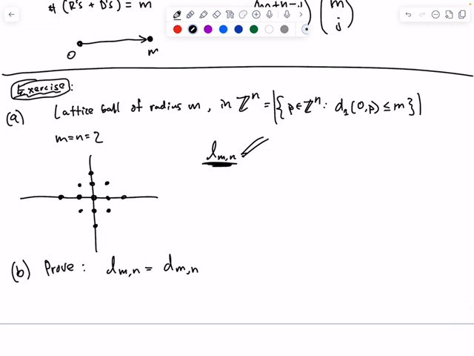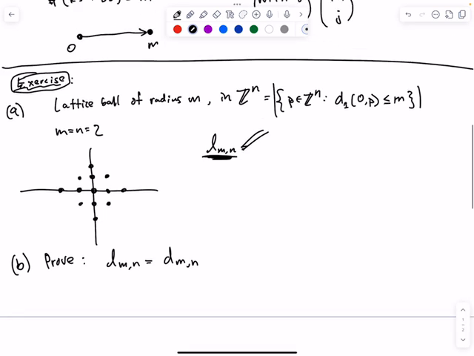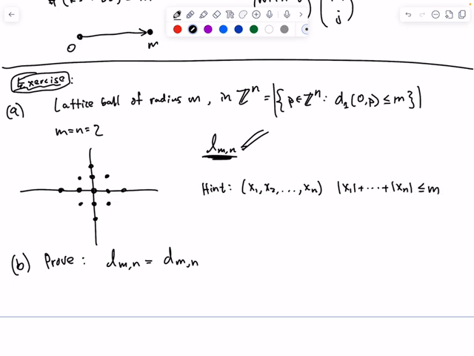It was to me at first, but I think it's pretty cool that this works out. A hint for part A is to think of each point in the lattice ball as an n-dimensional vector x with the property that the sum of the absolute values |x1| + ... + |xn| is at most m.